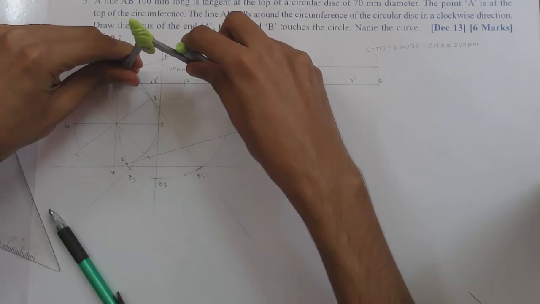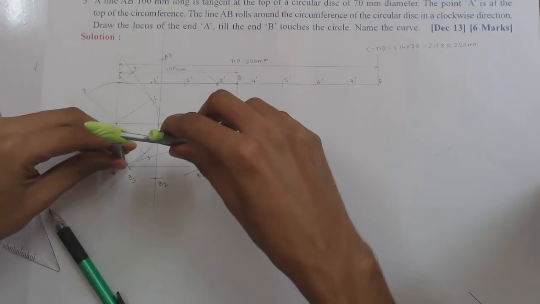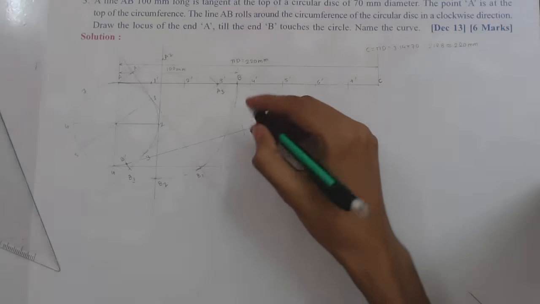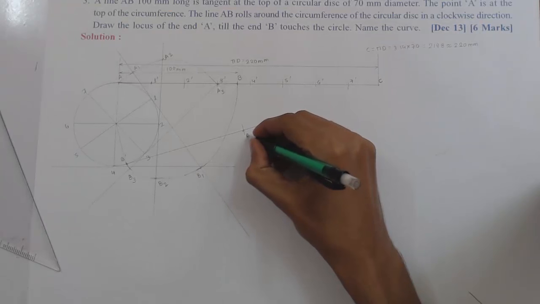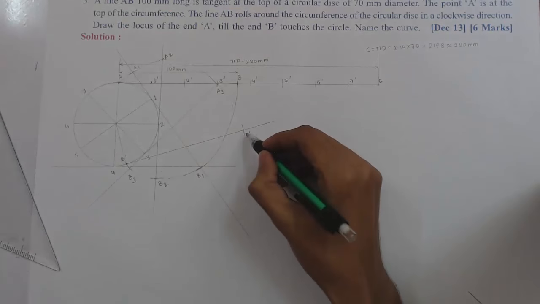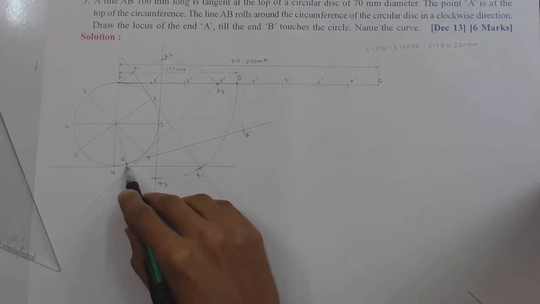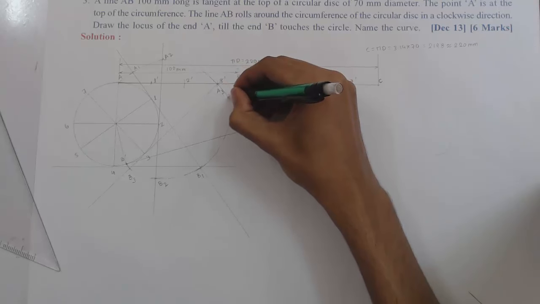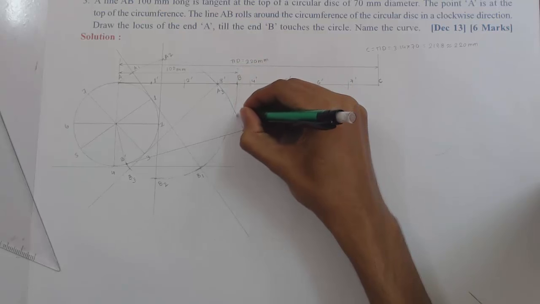So I should take the entire length AB, and with B dash I'll mark the corresponding final position of A, and it will be A dash. So this will give me the position of A when B has touched the circle. So from A3 I need to further produce the arc up to A dash.